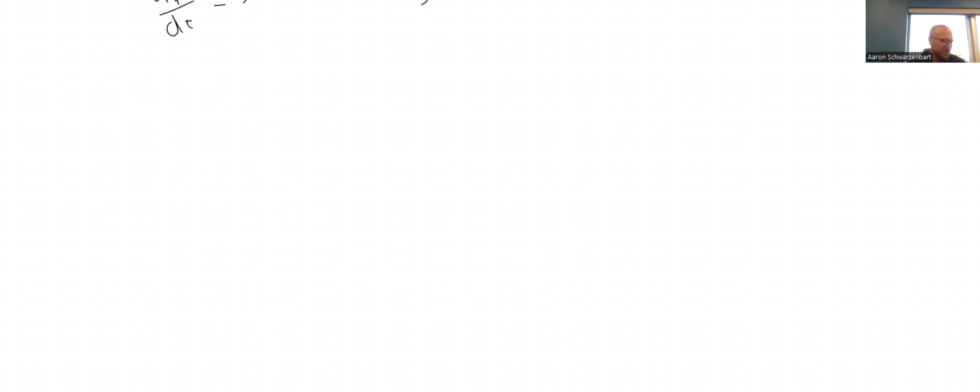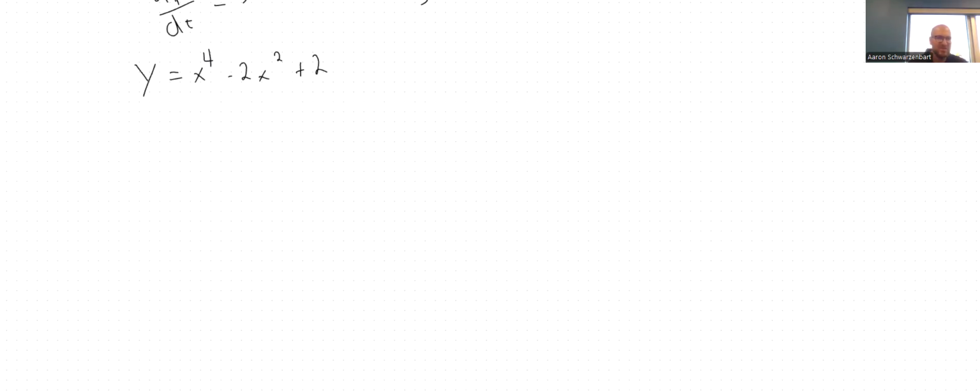Now we're told to find the horizontal tangent line. A horizontal tangent line is somewhere where the slope is 0, correct? Meaning the derivative equals 0. So if this is my function, I have to find the horizontal tangents.